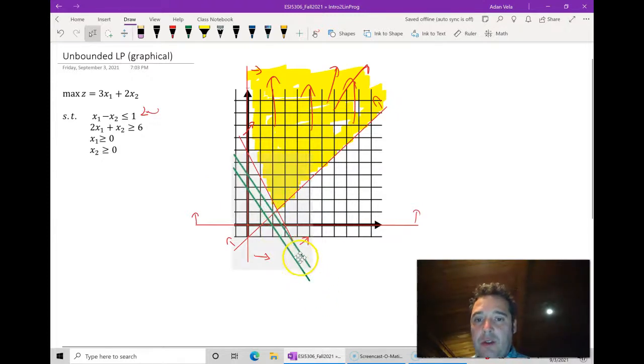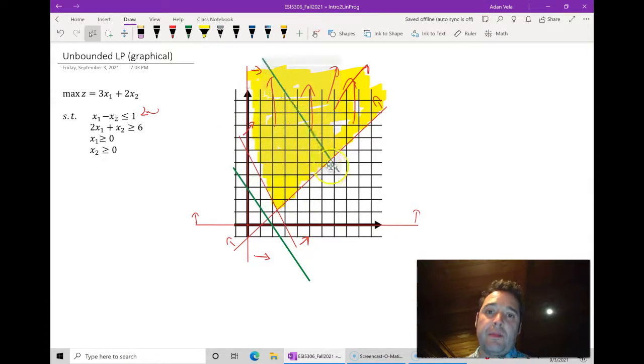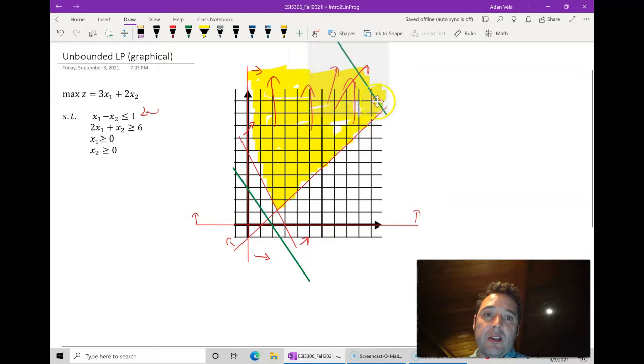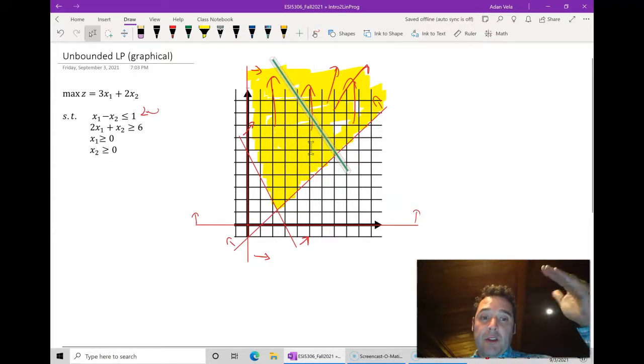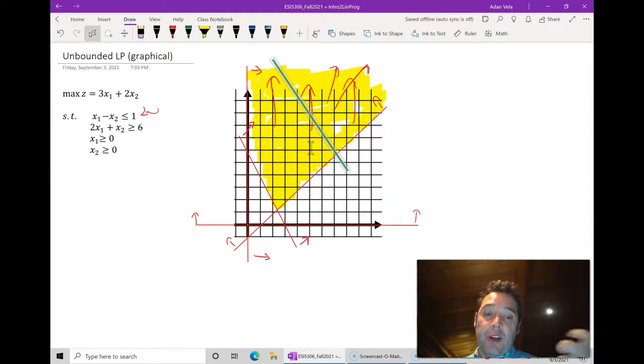As you can see, we can keep shifting our isoline up, and nothing is ever stopping it. It remains in the feasible space indefinitely. So we could essentially pick any x1 or x2 in this yellow area, and it would satisfy the constraints, but then we could find one even further away that would increase the objective function. So in that sense, our linear program is unbounded.